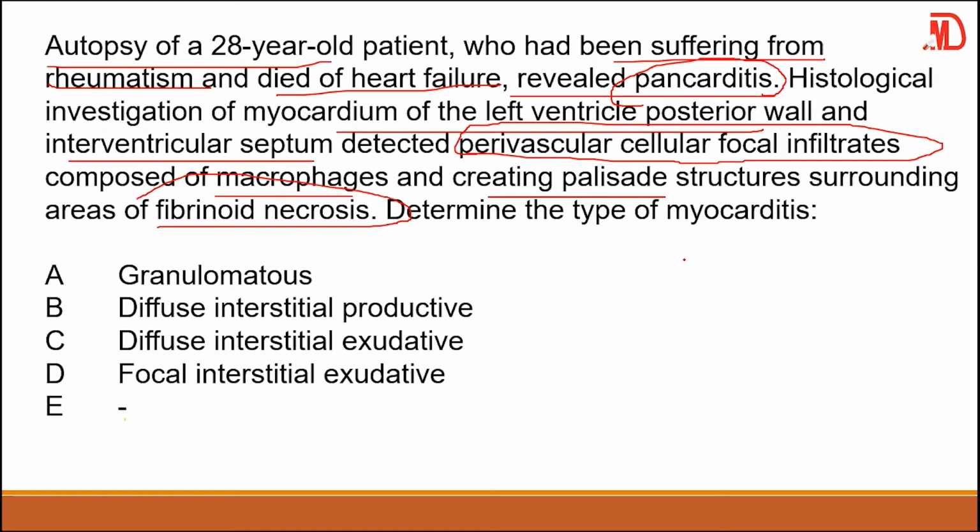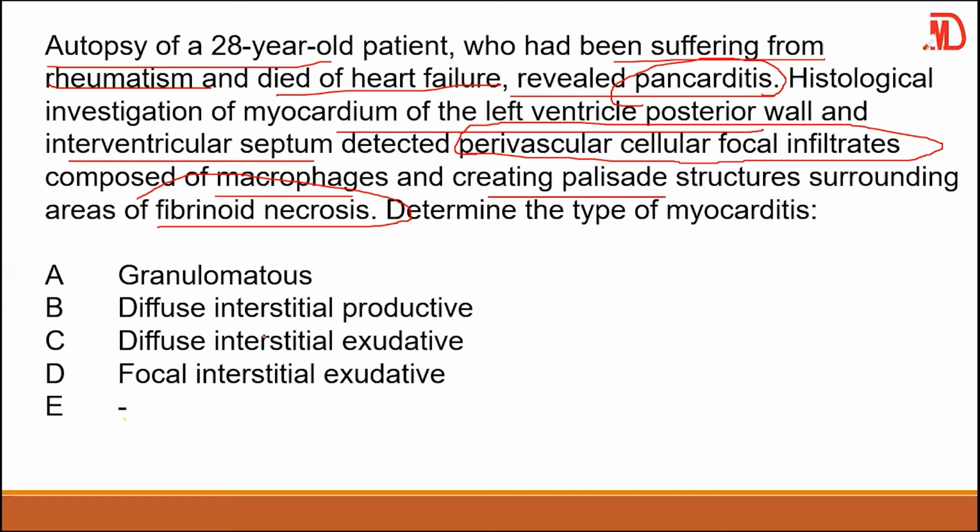Ladies and gentlemen, yes, you might be confused by the fact that there's a focal infiltration, so don't go and say this one you are dealing with interstitial exudate, blah blah blah. Yes, any sort of fluid accumulation is called an exudate. No doubt about that.